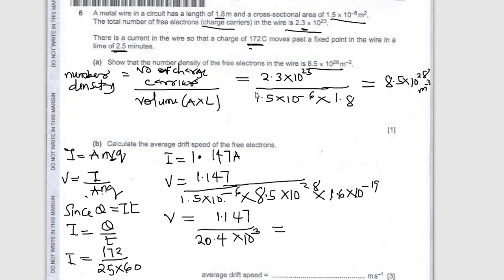At the end of the day, 1.147 divided by 20.4, so we have 0.056 times 10 to the power minus 3, which becomes 5.6 times 10 to the power minus 5. Average speed.